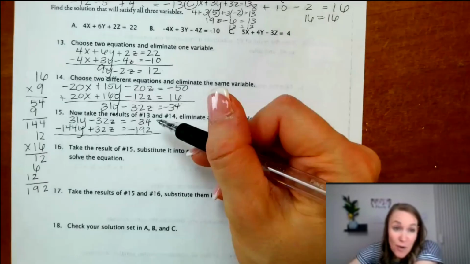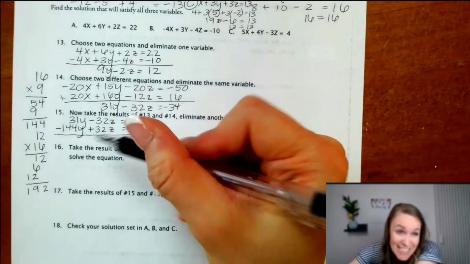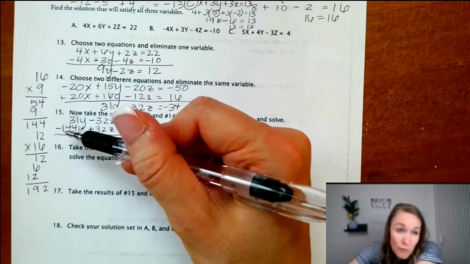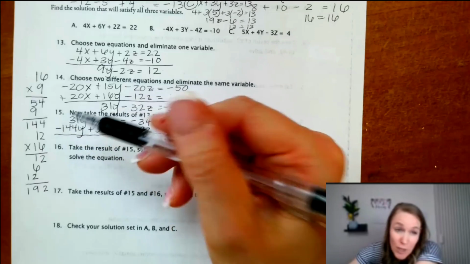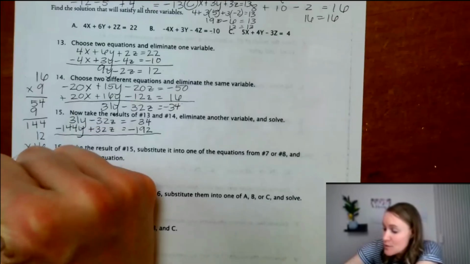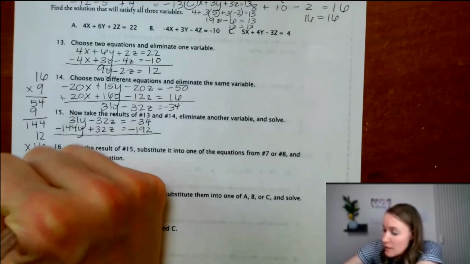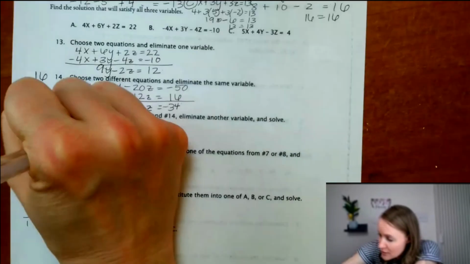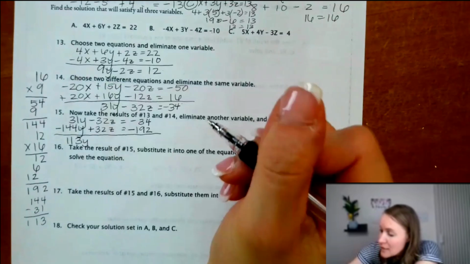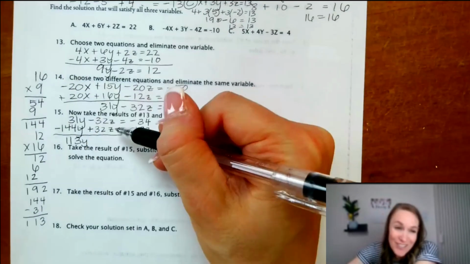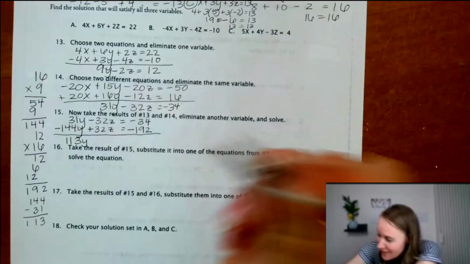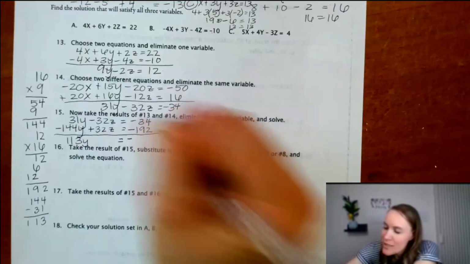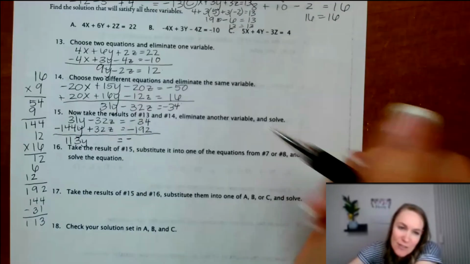Okay, so I need to add these. Let's start with y over here. So I have negative 144 plus positive 31y. I need to subtract those. 3, 1, 1. So 113y. And then negative 32z plus 32z is 0. Perfect. And then I have 34 plus 192, and we keep the sign because it's the same signs.